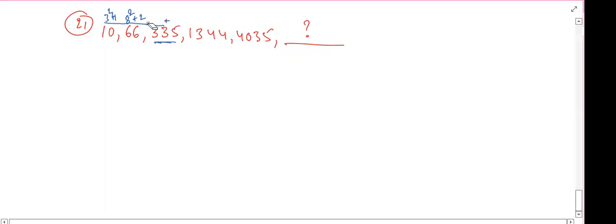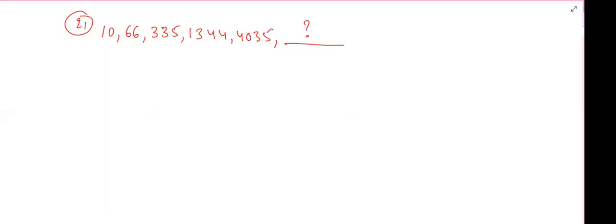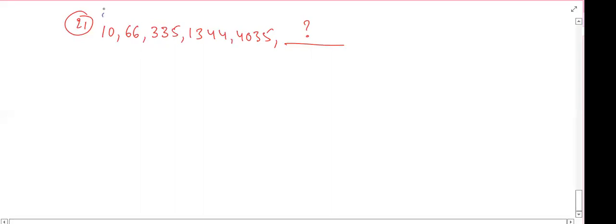Okay, then cube. Tell me whether they are perfect cube numbers. Not perfect cubes, sir, but maybe nearby cubes. 10 is 2 cube plus 2. 66 is 4 cube, which is 64, plus 2 again.